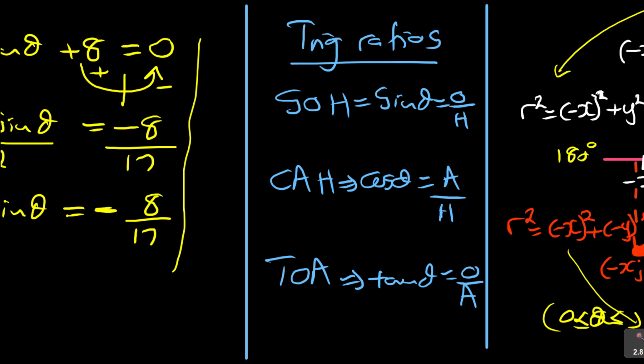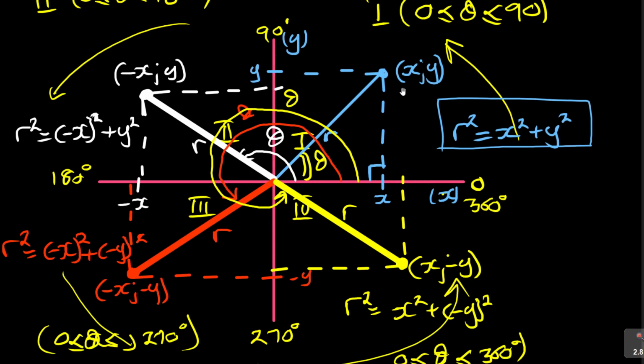Remember this SOHCAHTOA. Now you need to know that opposite is represented by y, adjacent is represented by x, and hypotenuse is represented by r, in terms of x, y, and r. Where am I getting it from? The x, y, and r are the ones we're talking about here.